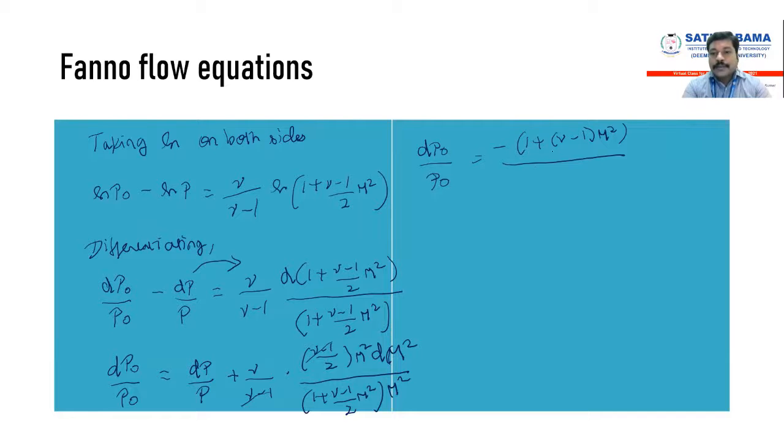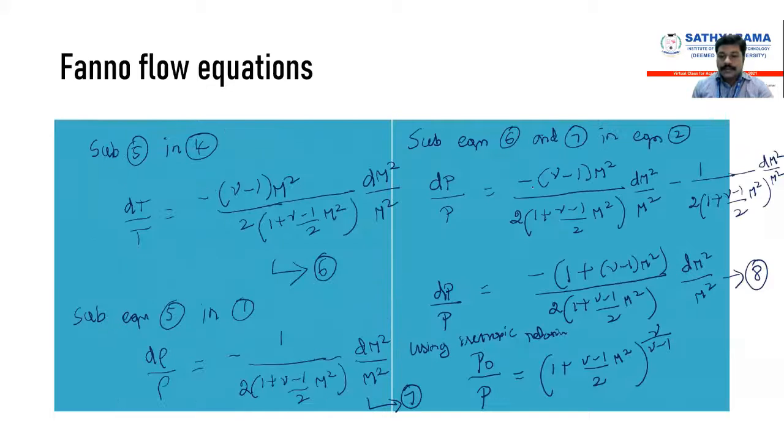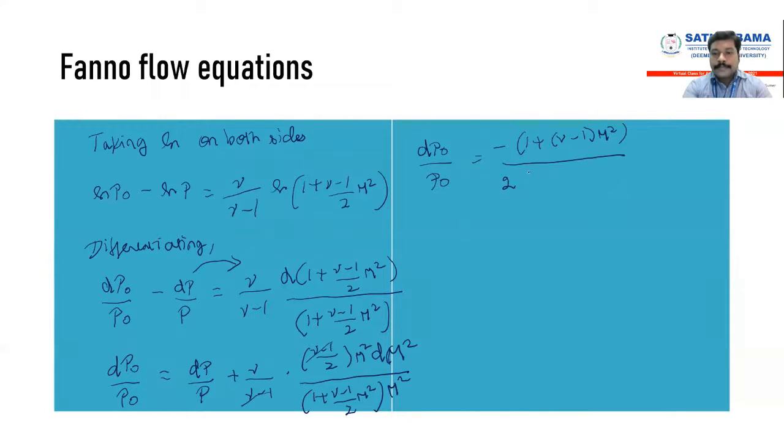So minus of (1 plus (gamma minus 1) M square) times dM square by M square, divided by 2 into (1 plus (gamma minus 1) M square), and then we have dM square by M square.